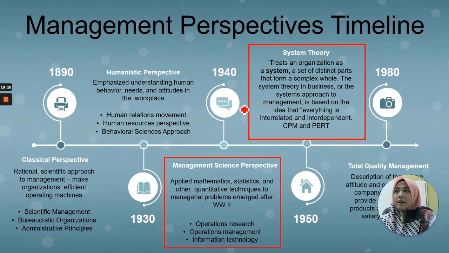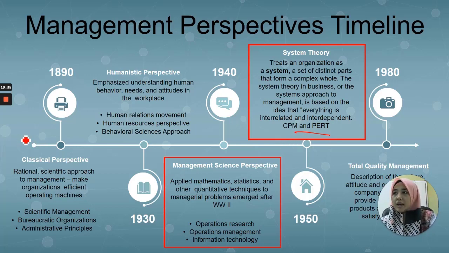Okay. Dalam yang seterusnya, pada tahun 1950, semakin maju, kita pergi kepada system theory, which treats an organization as a system. And the system theory in business or the systems approach to management is based on the idea that everything is interrelated and interdependent. Dia lebih kepada product focusing juga dan juga service focusing.